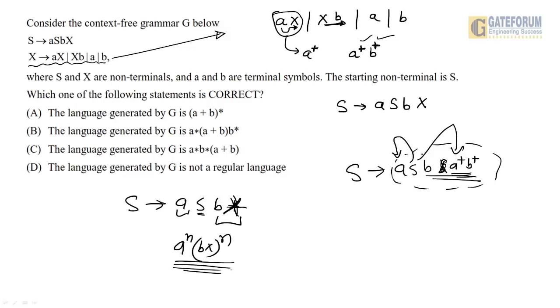So initially it is A to the power n, and after that it is B X to the power n. So here we need to remember the value. Okay, is it clear? So check which of the following options is correct.